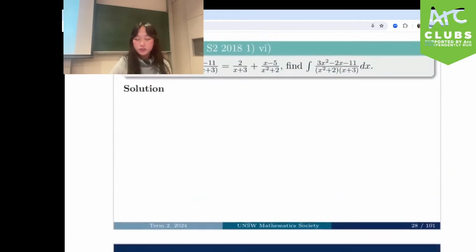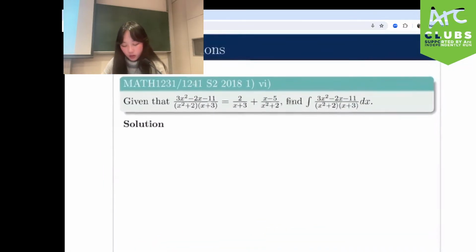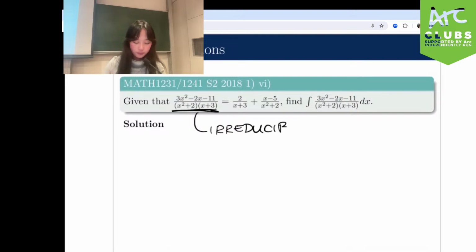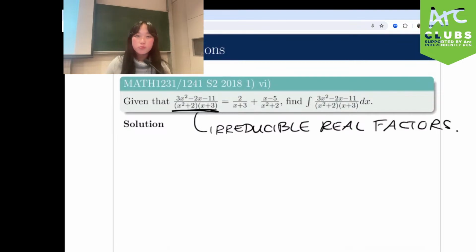Let's do some partial fractions. So one thing with partial fractions is that we are trying to decompose the polynomial, which is the bottom, into irreducible real factors.